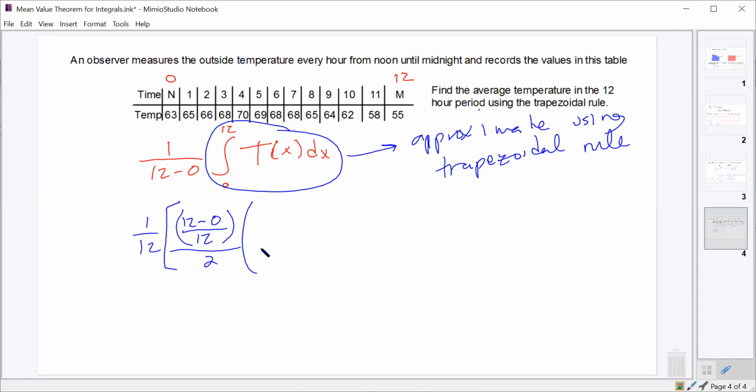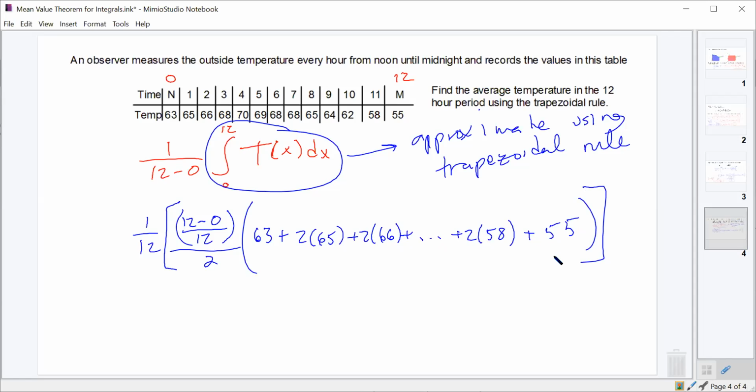And then it's the first y value plus 2 times the next y value, 2 times the next one plus 2 times the next one, and so on. So you get to 2 times the second to last one, and then just the last one. Good or no? So really, we've got 1 over 24 times this.